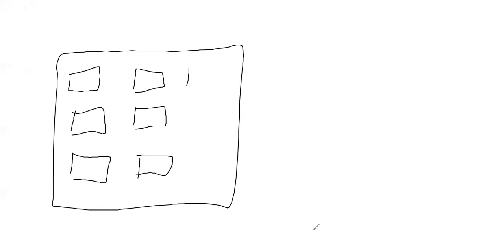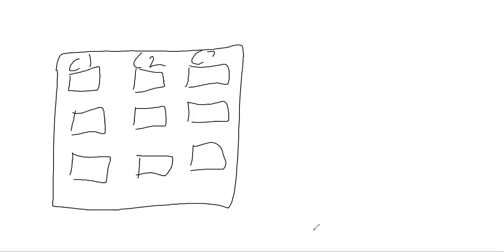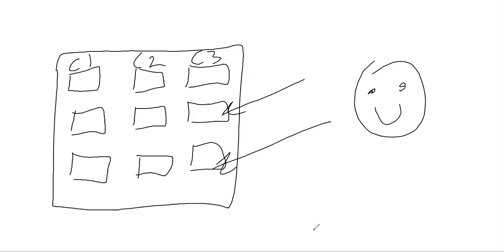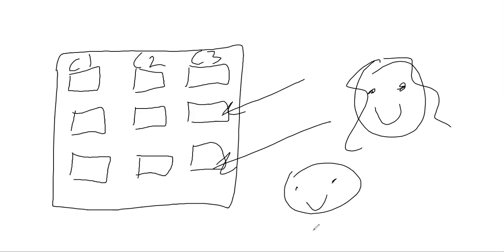So in this image that I'm drawing here, you can see I have the ideas arranged by category 1, category 2, category 3. Just imagine that all of these ideas were brainstormed by the team. The team is the contributor to all of these ideas.